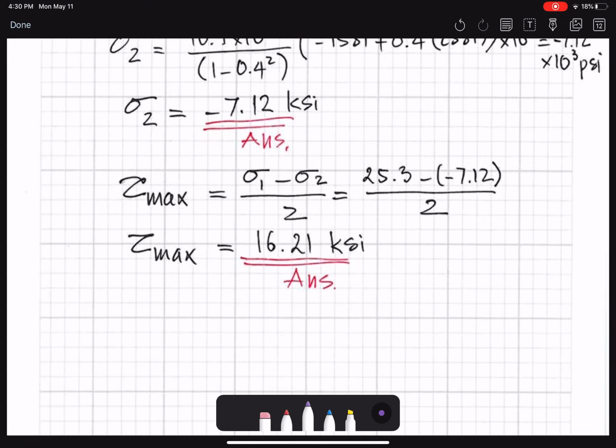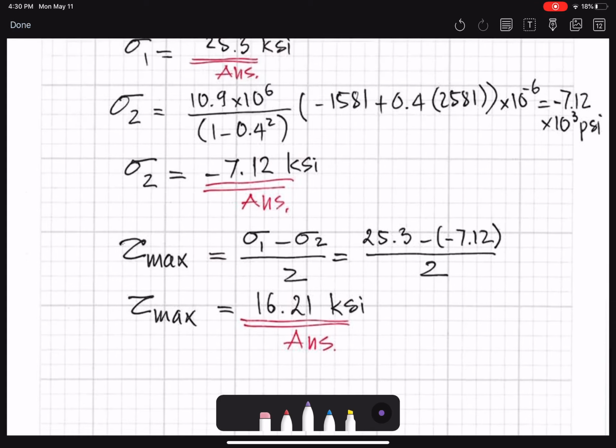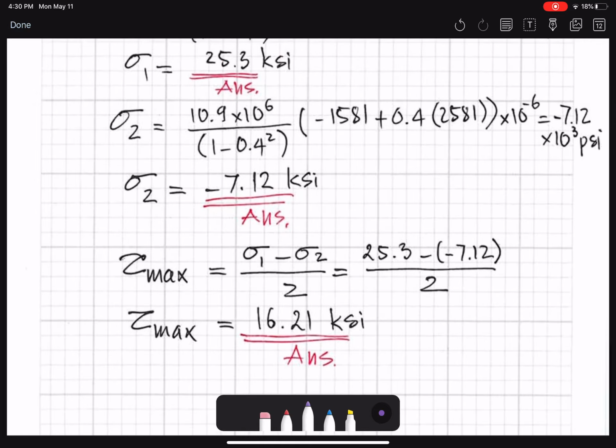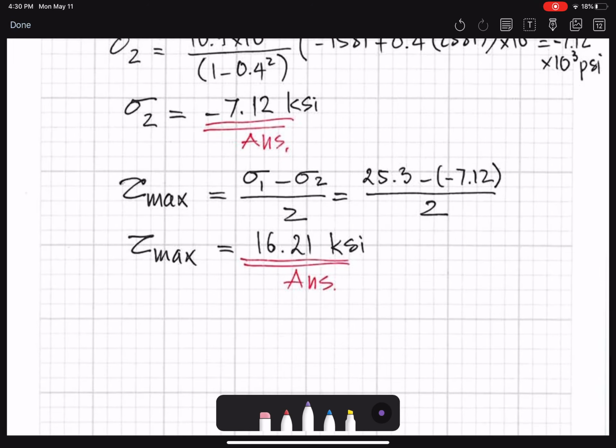And tau max can be found as sigma 1 minus sigma 2 over 2 based on this equation, or if you go back to worksheet 13b, tau max can be determined by chi times gamma max.